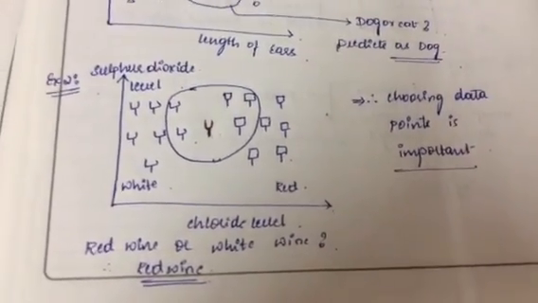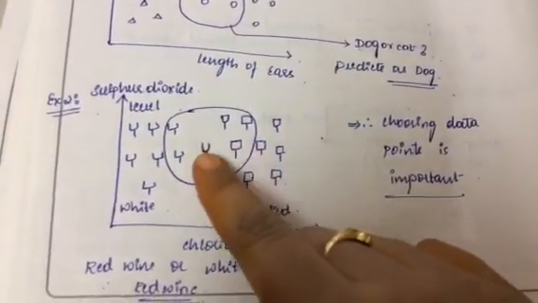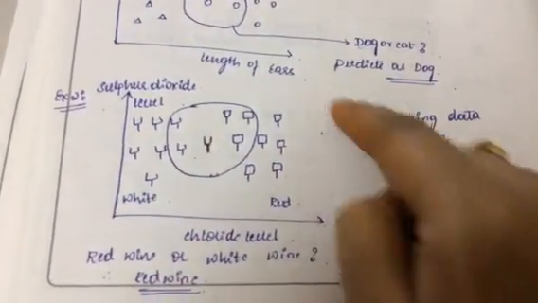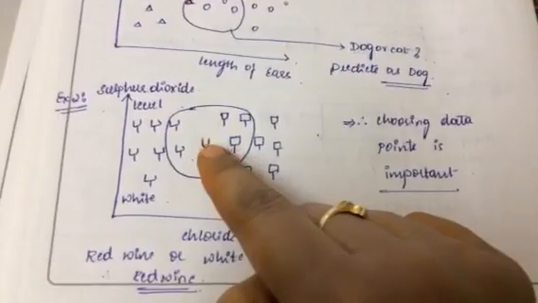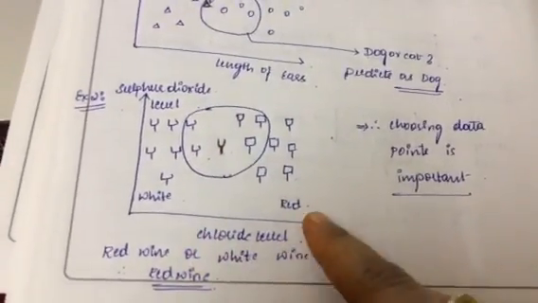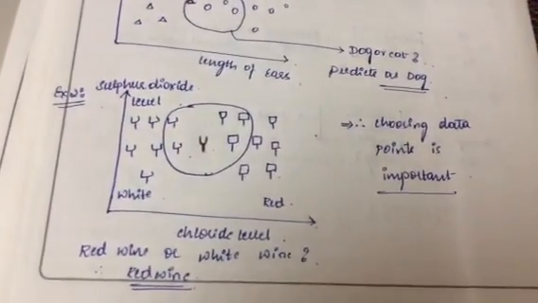Here I have considered another example, and this is a query point. This shape indicates a white wine and this shape a red wine, and my query is whether it belongs to a red wine or white wine. The features I have considered here are the chloride level and the sulfur dioxide level.